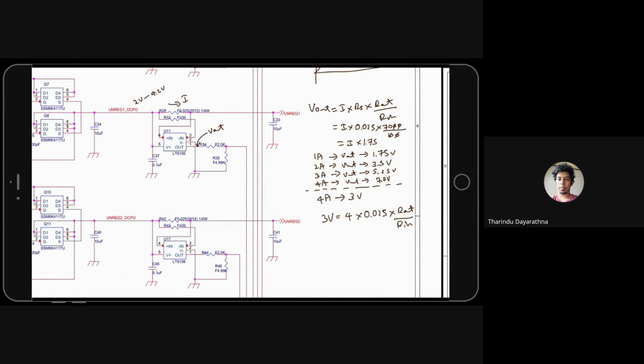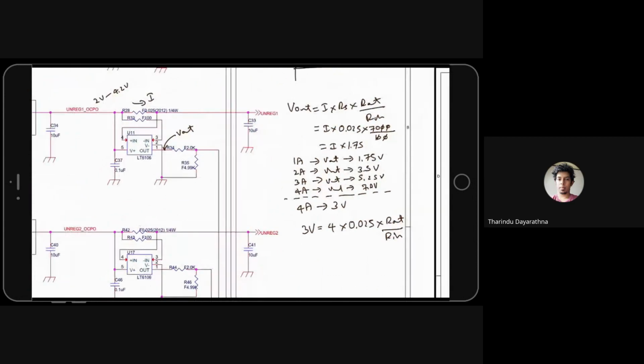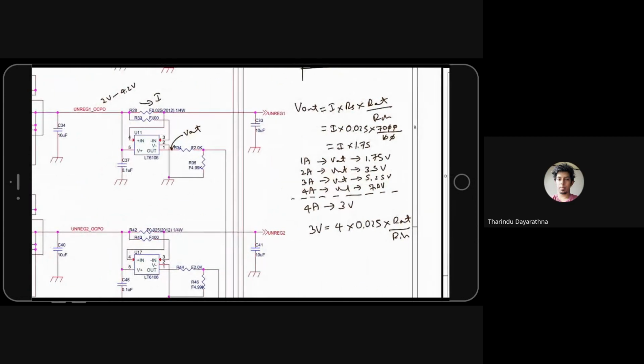Then we have two variables here. We have to make one constant, otherwise we cannot come to a conclusion. If both are varying, it doesn't work. So make the ratio R out over R in 30. You have to select a ratio which satisfies this equation.